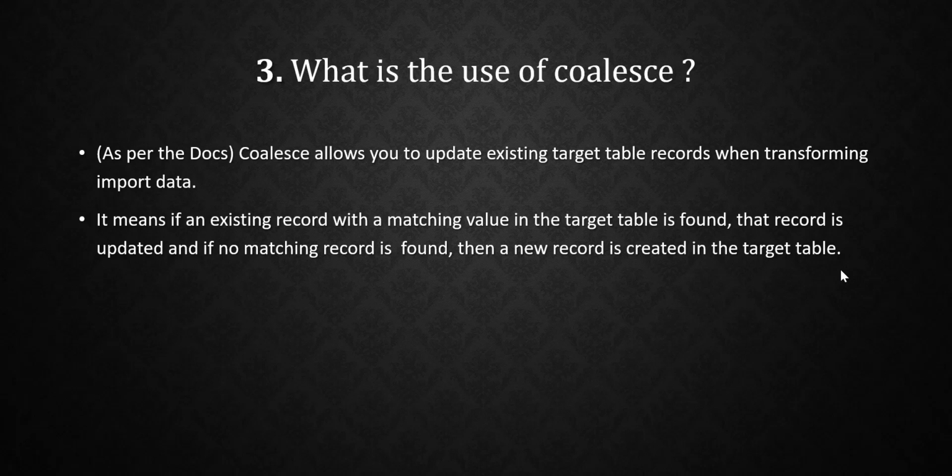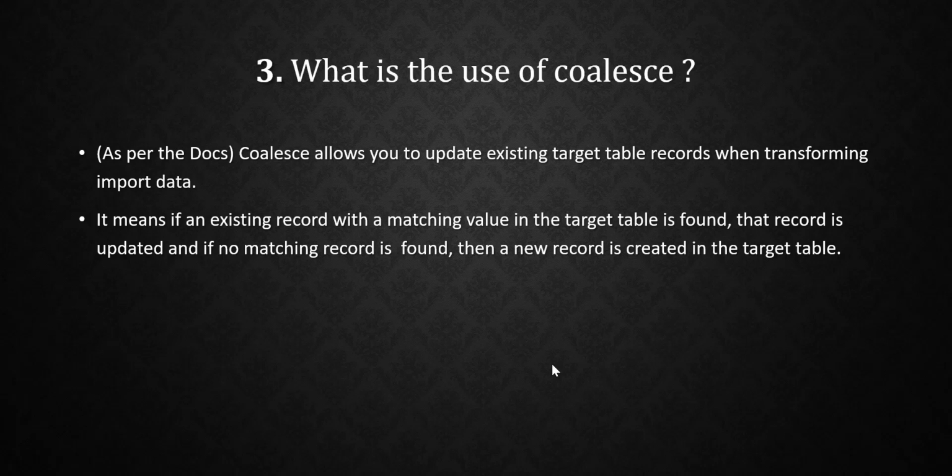I'll give you one example here. Let's say you have some employee user information in the user table, and the employee ID or employee email ID is unique for every employee, and you are loading some more users from Excel or CSV or maybe some other sources.